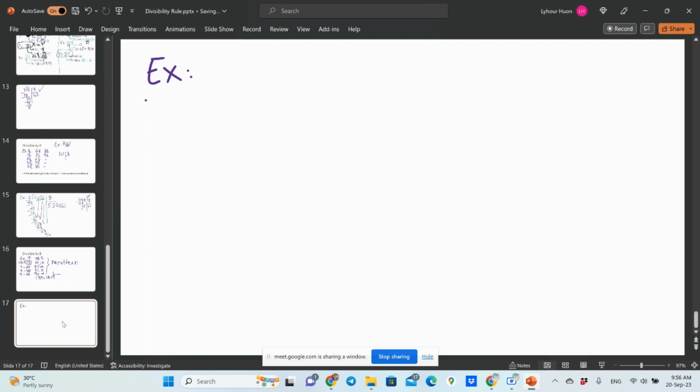Okay, so let's give one example. A large number where the sum of all the digits is 36, 36, 42, 42, 63, 63. Is it divisible by 9? This is 9, this is 9, but this is not 9, right? 4 plus 2 is 6.